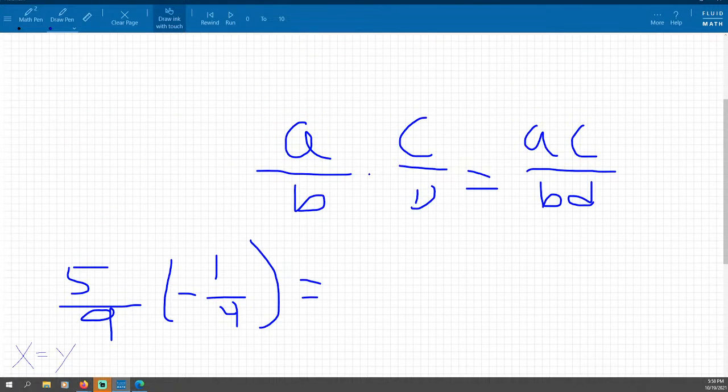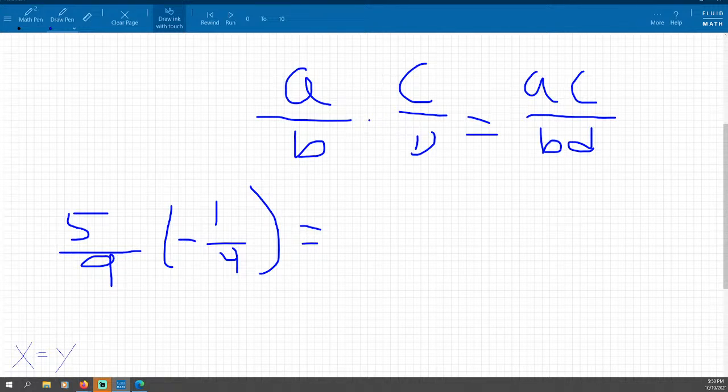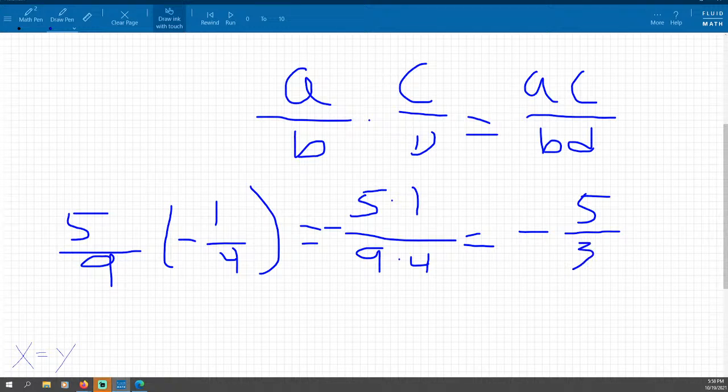Well, by this rule, we're going to have 5 times 1 over 9 times 4. But we're multiplying a positive times a negative, so we know what that means. This is now negative. So your answer will be negative 5 over 36. Still pretty simple.